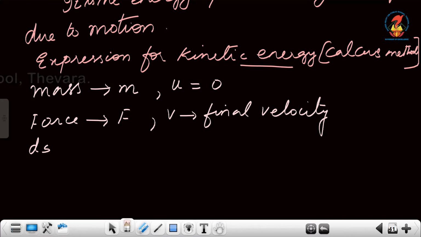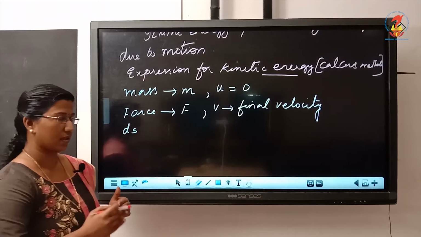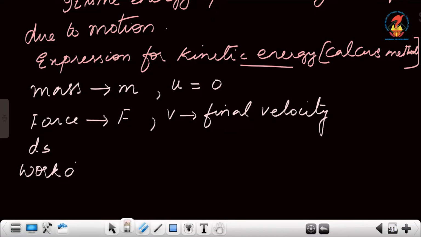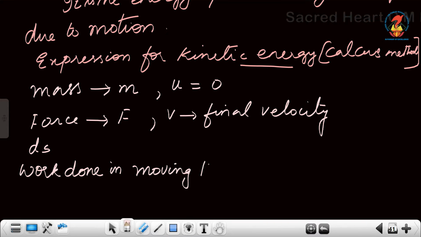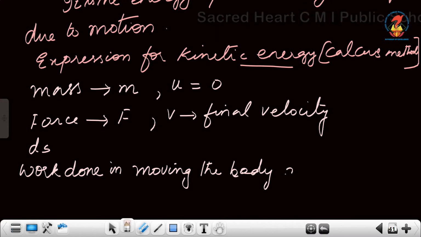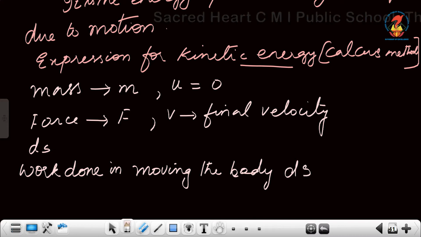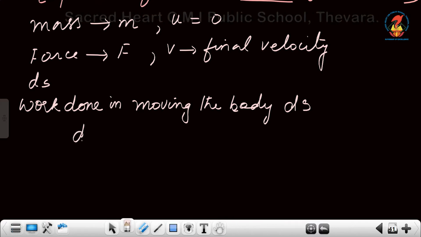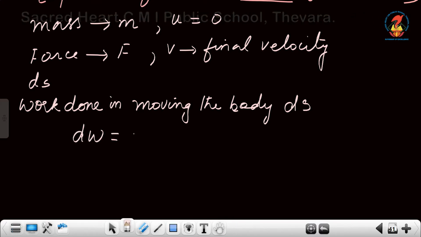So, upon applying the force, the body travels through a distance ds. Then the small work done in moving the body through distance ds is dW equal to F dot ds.